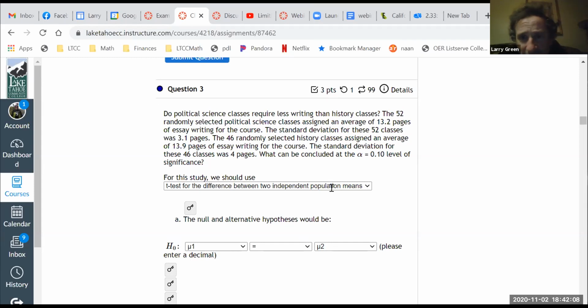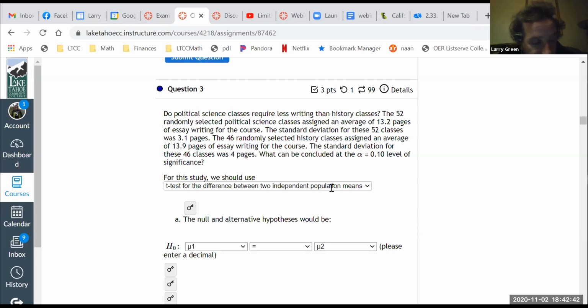We have 52. That's N1. We have 13.2. That's going to be X1 bar. Then we have standard deviation. That's S1. The standard deviation for these 52 classes is 3.1.